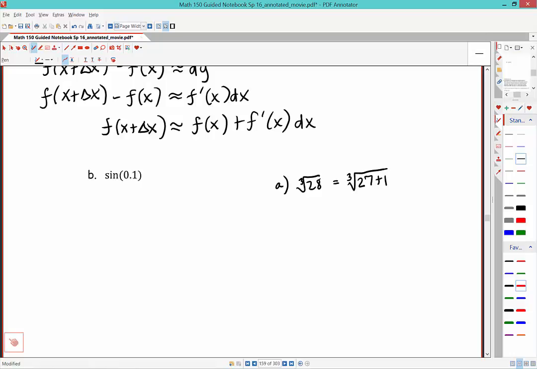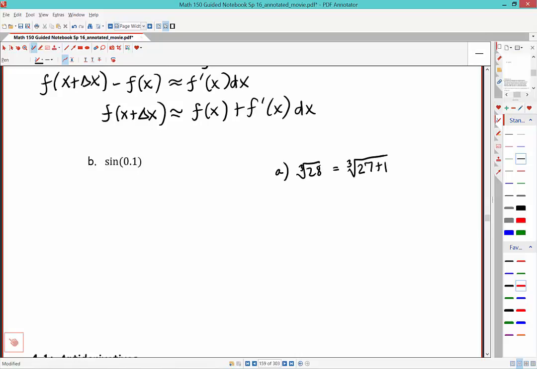So now I'll just do it on the side. If you have x plus change in x, then x is equal to 27. f of x, of course, is equal to the cube root of x. And dx is equal to 1 because 27 plus 1 is 28.